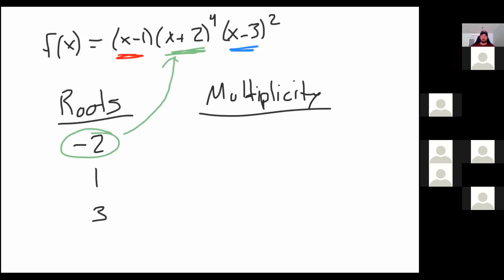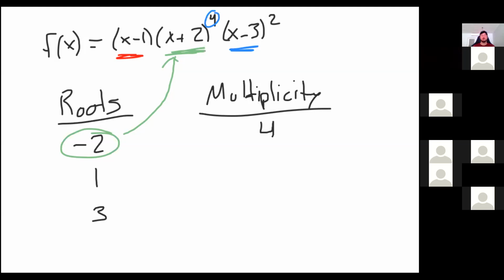Yeah, I've got 4 of them. I look at that exponent. I have 4 of those x plus 2s, which means I have 4 times where I see this root of -2 appearing, which means that the multiplicity is 4. Multiplicity of this root is 4.